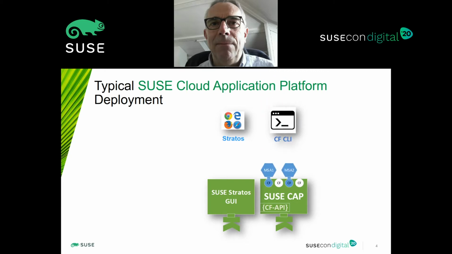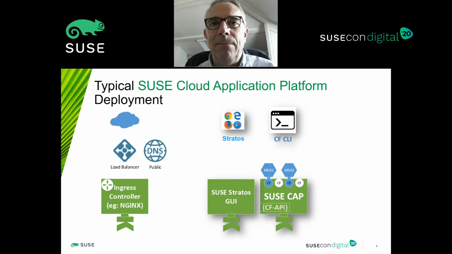In order to connect your platforms to the internet, you also need another set of components. The ingress controller to connect your internal Kubernetes service to the outside world, a public DNS and a load balancer to make your application accessible from the internet.